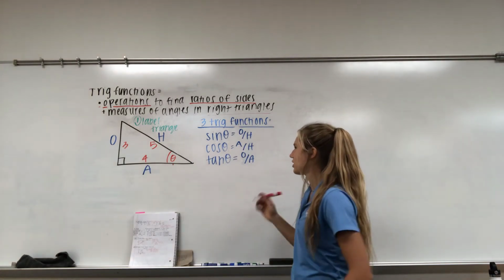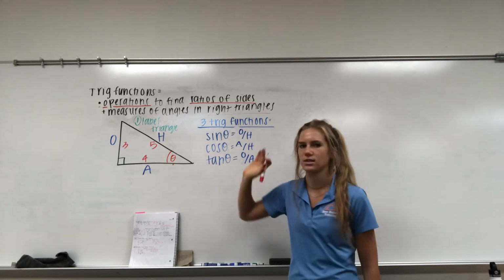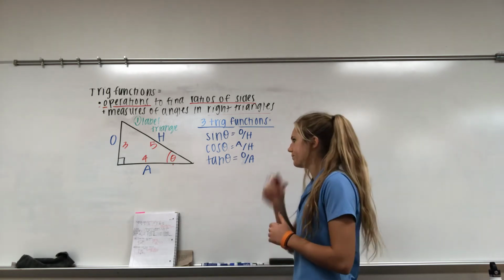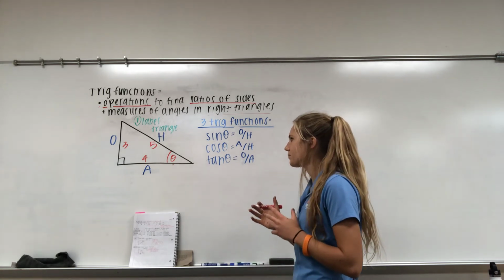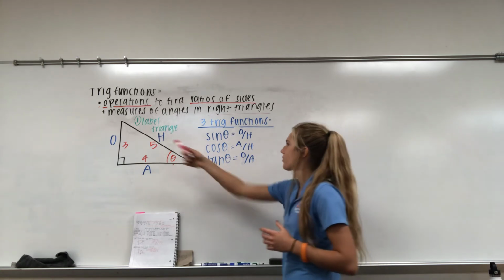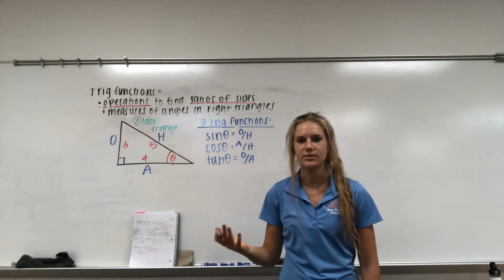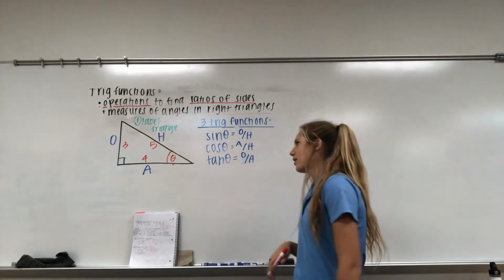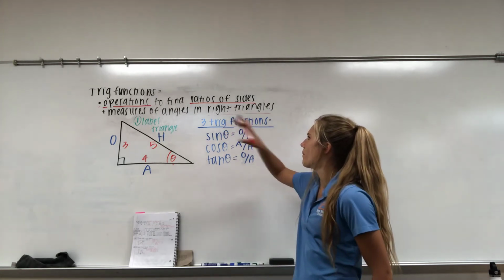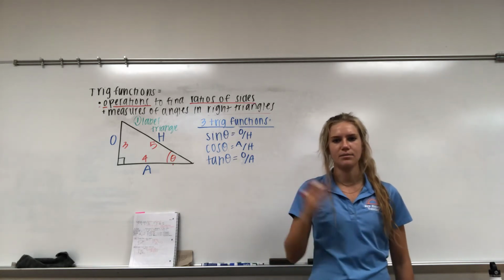I'm going to show you how you would fill in these three trig functions for that triangle. It's really easy, honestly, but anyone can plug in 3 for O, like plugging in 2 for X if they tell us that X is equal to 2. What's more important is to understand the main definition and that it's ratios of sides we're finding, not actual side measurements.